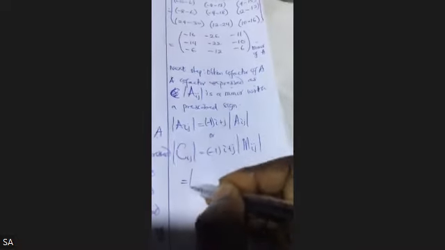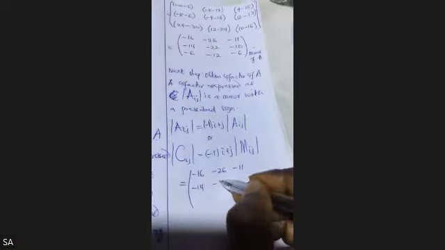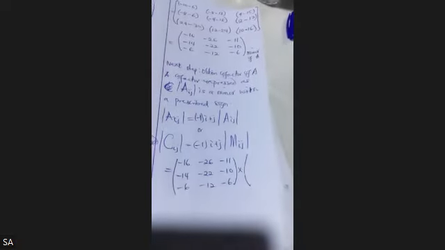The minor is minus 16, minus 26, minus 11, minus 14, minus 22, minus 10, minus 6, minus 12, minus 6. You will now multiply it with that sign pattern.